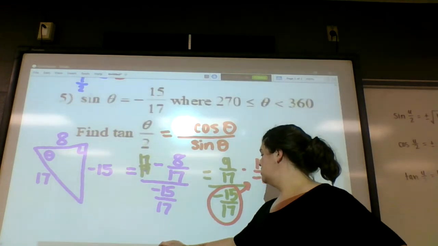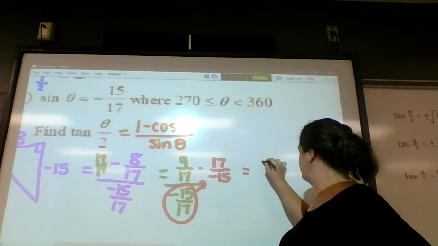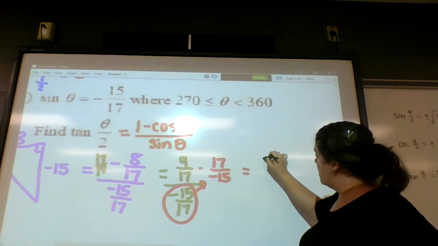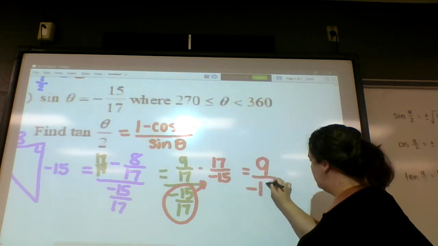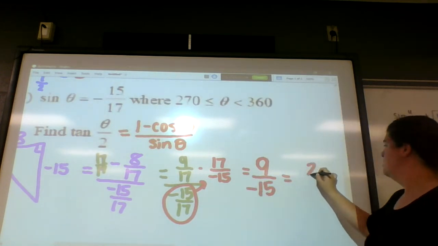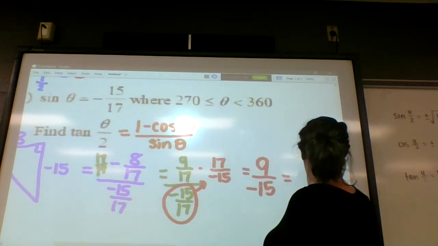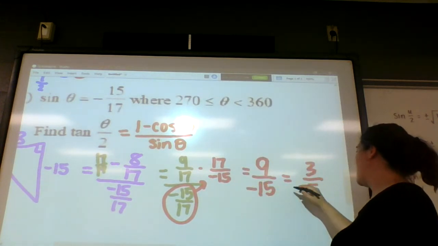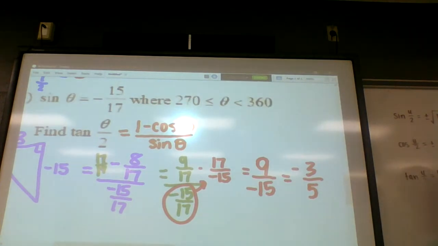So this just turns into 9 over negative 15, which does simplify as well. 9 over negative 15 is 3 over negative 5. And by the way, that negative you can technically put anywhere: 3 over negative 5, negative 3 over 5, however you want to put it, in the front, in the top, in the bottom. It really doesn't matter.